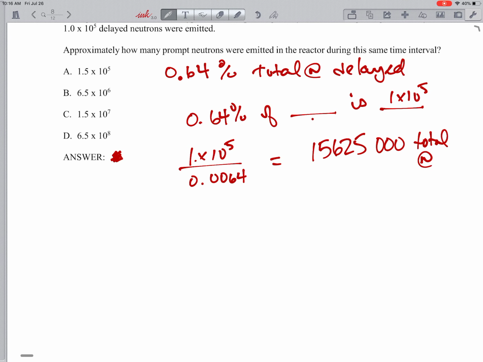So, what is 99.36% of 15,625,000? Well, you just multiply it.